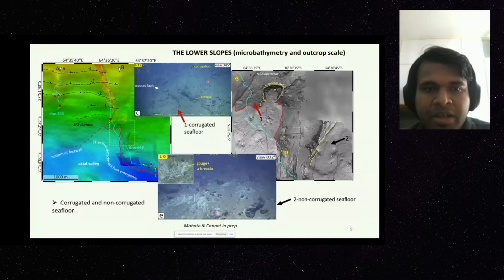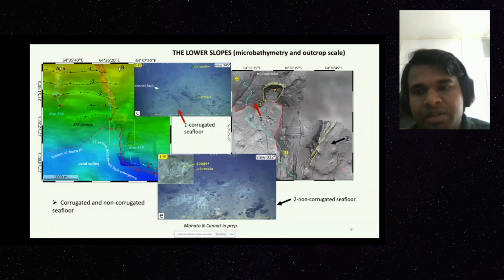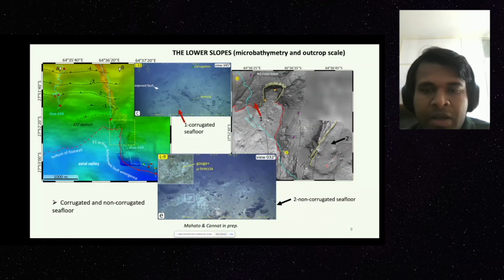And the outcrop at location 12, which is related to this corrugated fault surface, is showing mainly brittle breccia domains. And at the bottom right corner of the map, you see the seafloor is smooth and nearly planar and non-corrugated as well. But unfortunately, the ROV dive didn't go there.